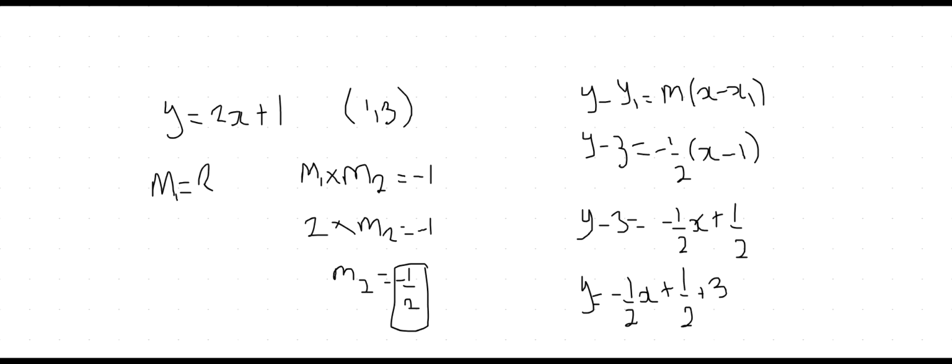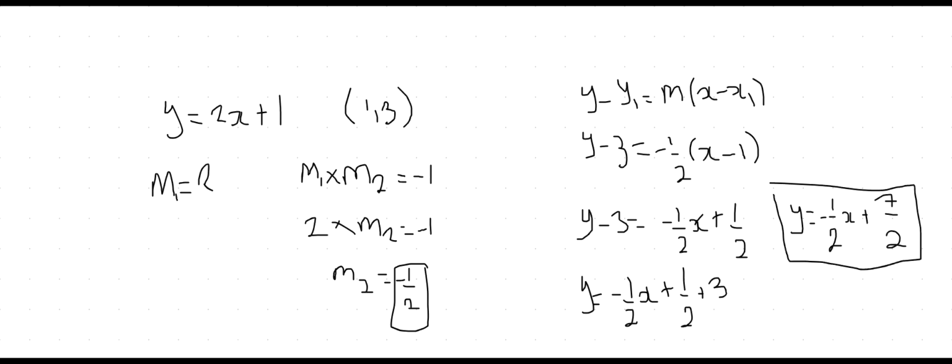So y equals -1 over 2 x plus 7 over 2, like that. So that is how we find the equation of the line given the information before.